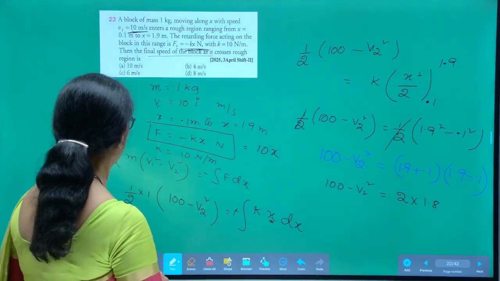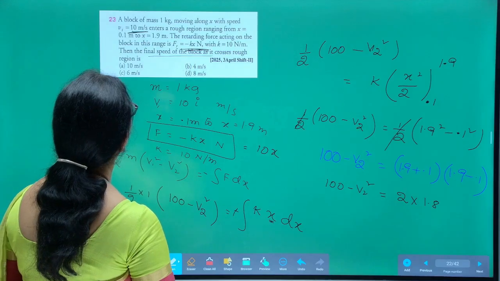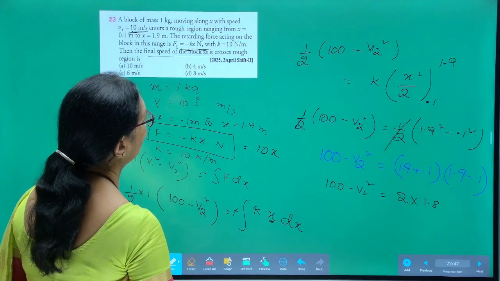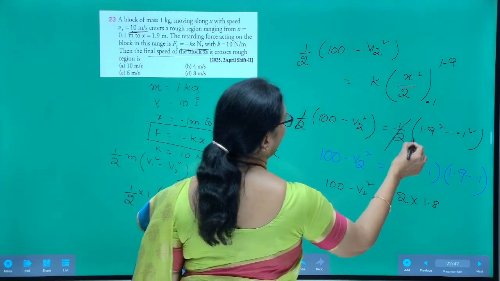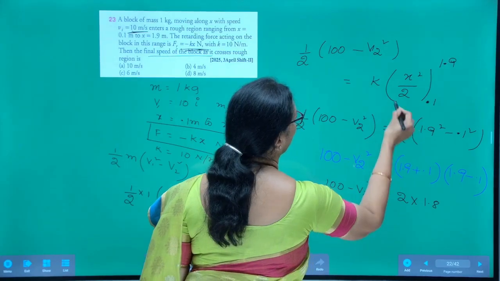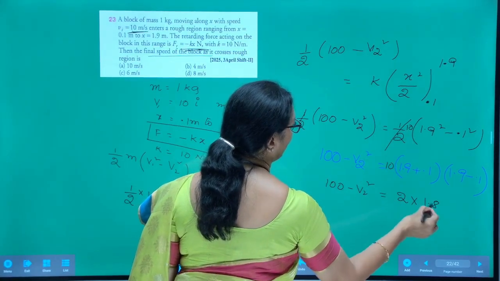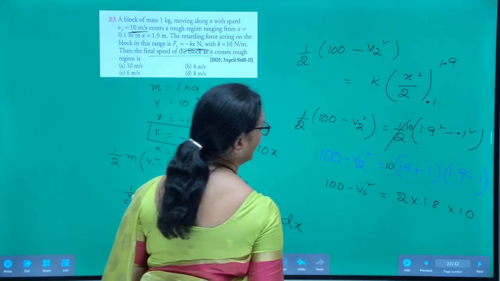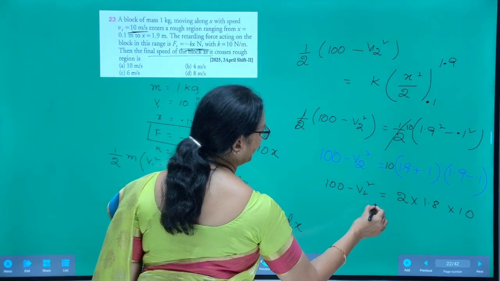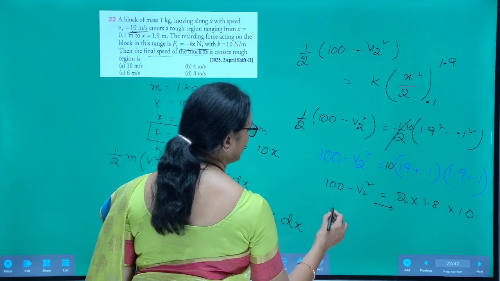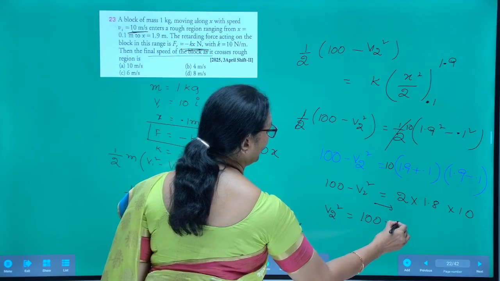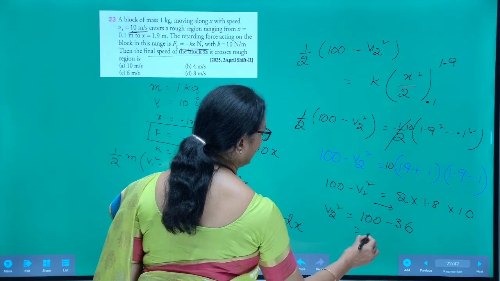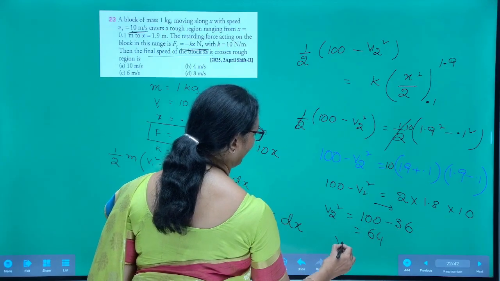Okay. So here k is 10 Newton per meter, so 10 into 10. So this becomes, if you take this to the other side, V2 square is equal to 100 minus 36, that is equal to 64.